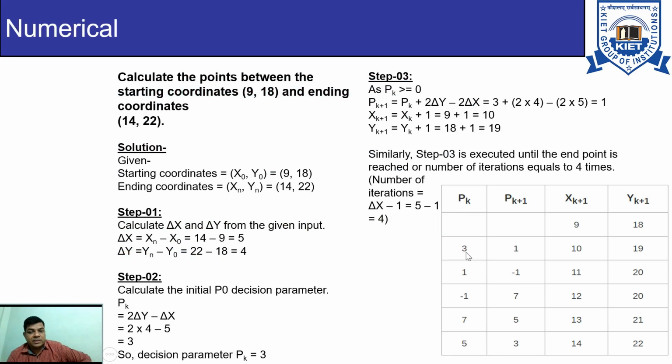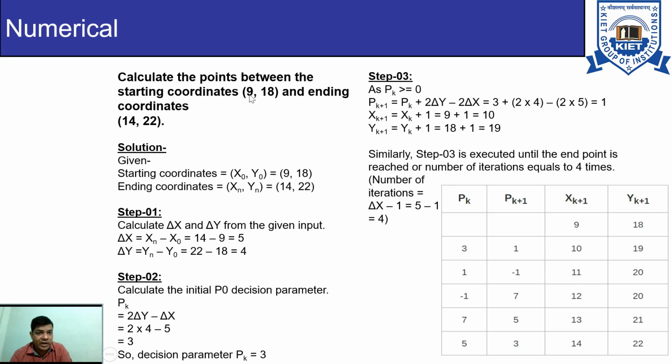So in this case, you can see that the value of initial pixel parameter is 3, and as I have already said, you have to simply increment the value of x, because we are speaking about the line which is having the slope less than 1, and whenever the pixel parameter value is more than 0, you have to increment the value of y.